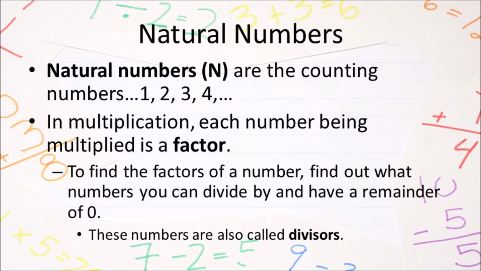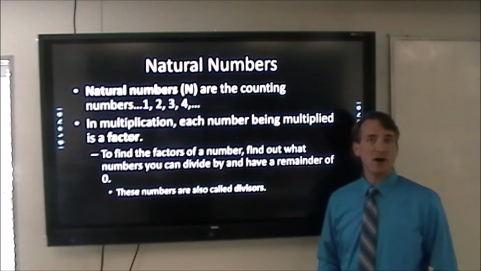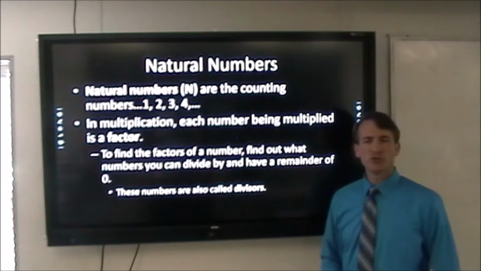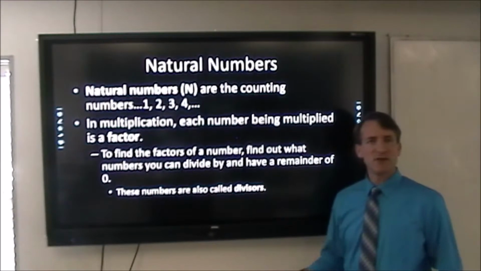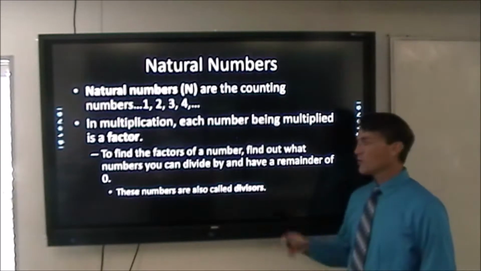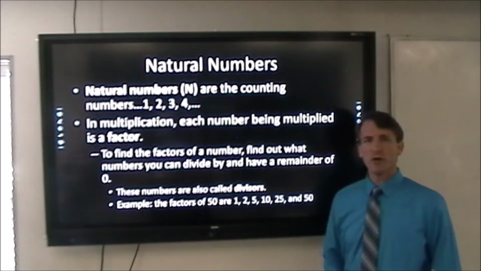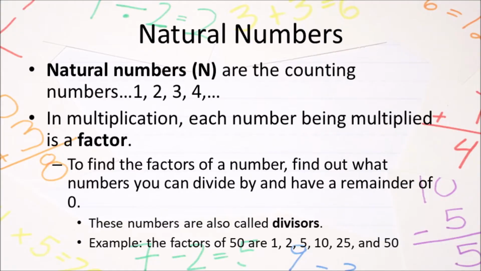If I go back to 16 and divide by 2, 2 would be the divisor, and my final answer, which is called the quotient, would be 8. So they can be called divisors or factors, depending on which way you're going. As an example, the factors of 50 would be 1, 2, 5, 10, 25, and also 50.